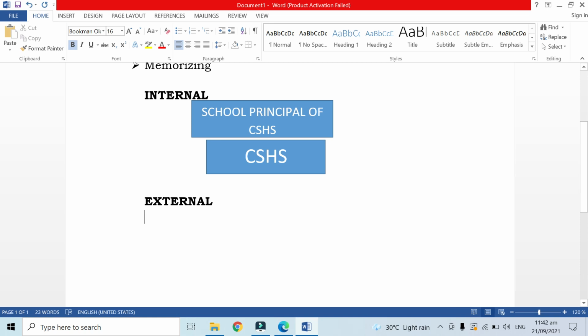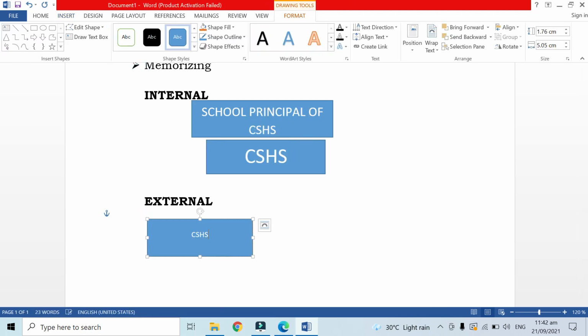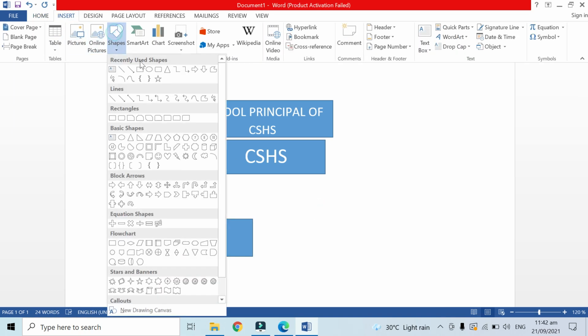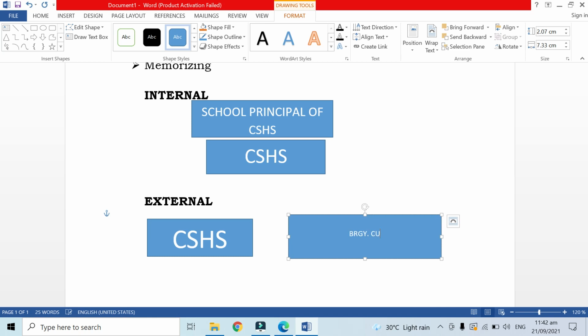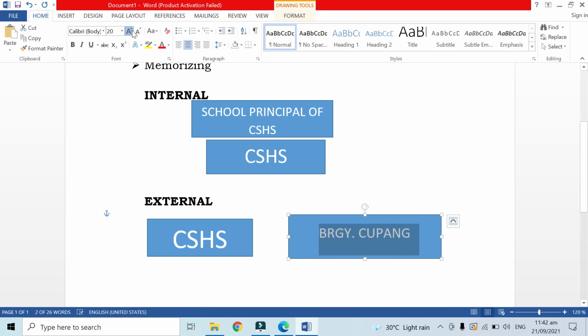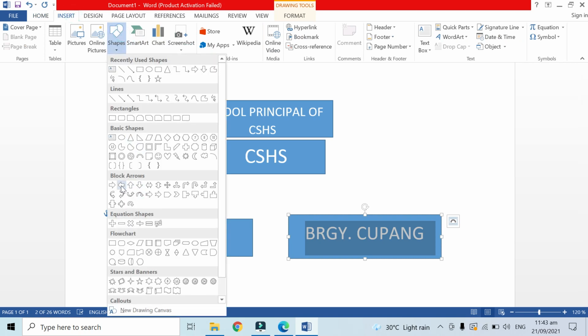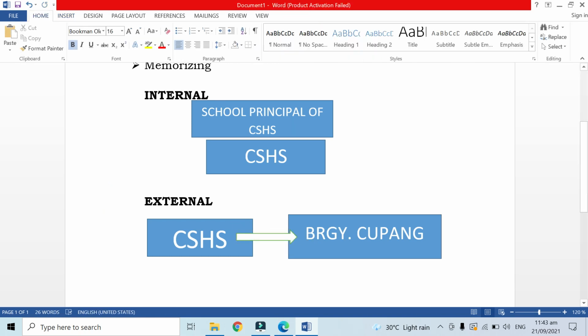If CSHS is sending a request to barangay Kupang, the local government, maybe for Brigada Eskwela, then this one is an example of external communication. Okay, so that's it.